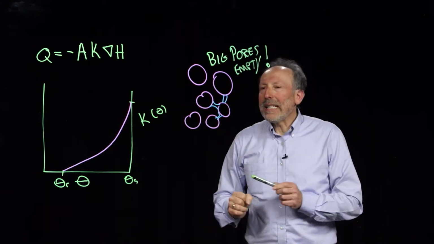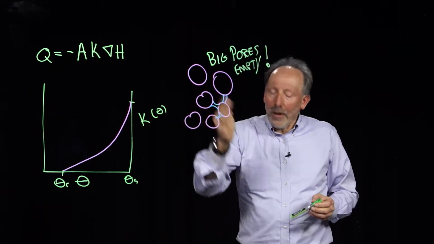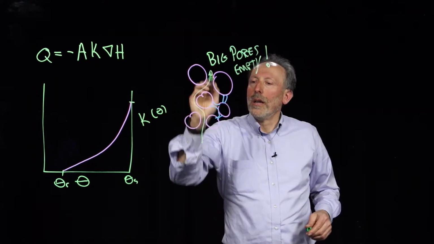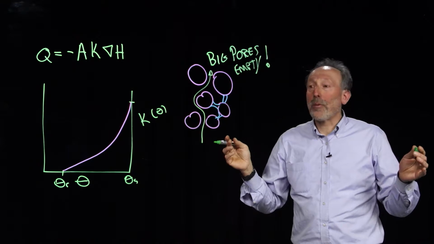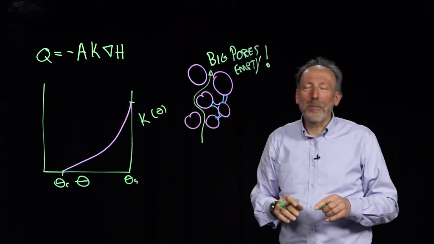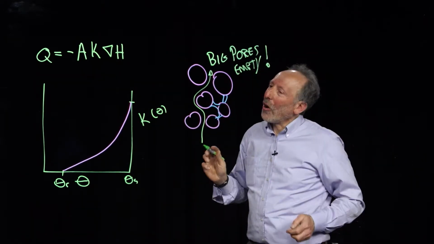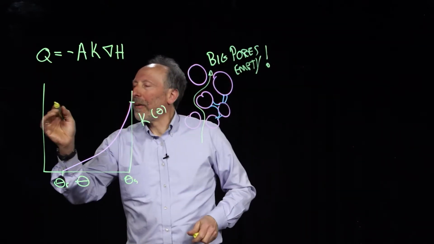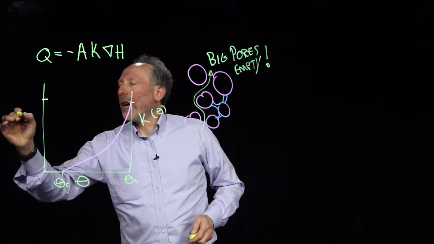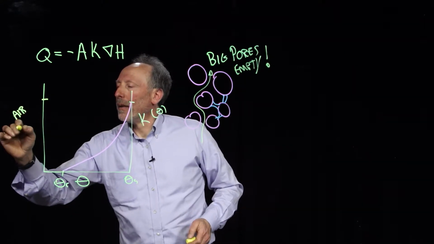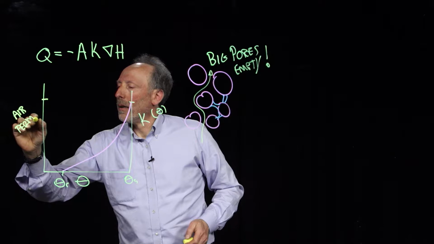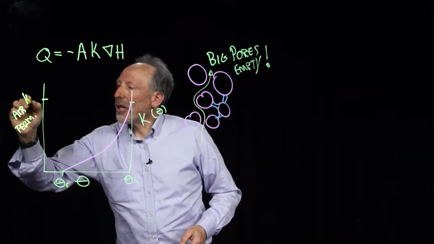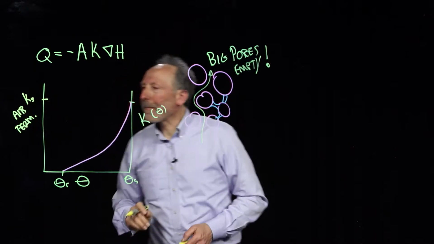So what that means is that the air, if we want to put air through this system, for example, can go freely through the biggest pores, and the water is tucked away in these little pores. Who cares? So if we then, on the other axis, draw the air permeability, we'll call this the saturated air permeability.